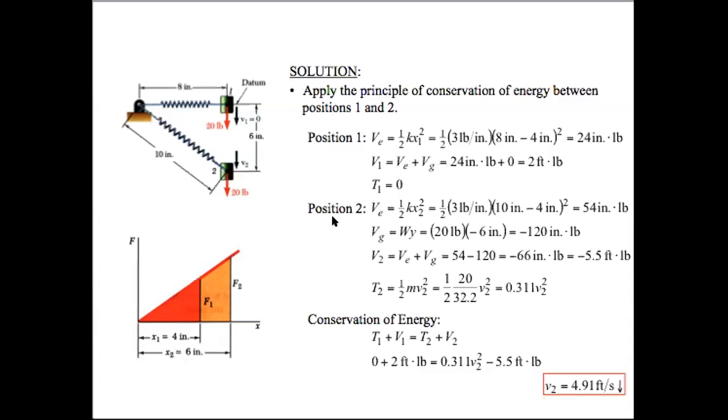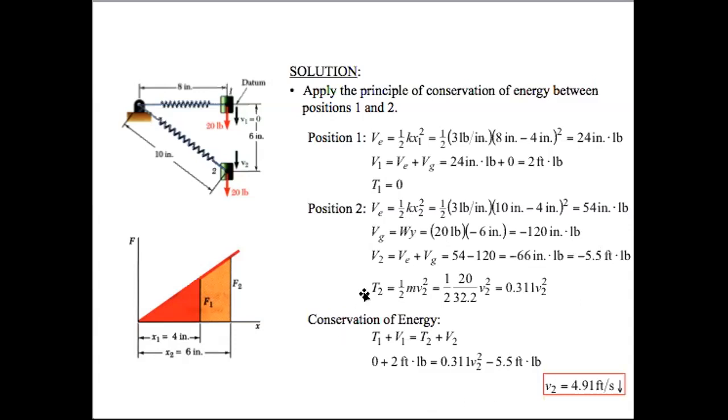In position 2, the elastic potential energy of the spring is 54 inch-pounds. For gravity it is negative 120 inch-pounds.